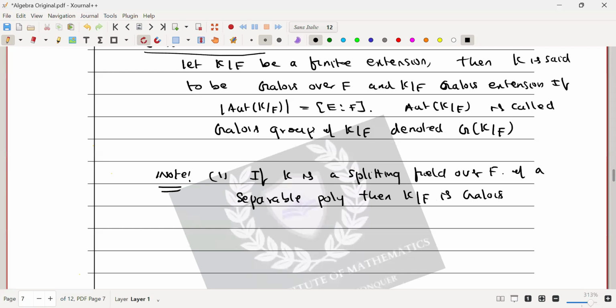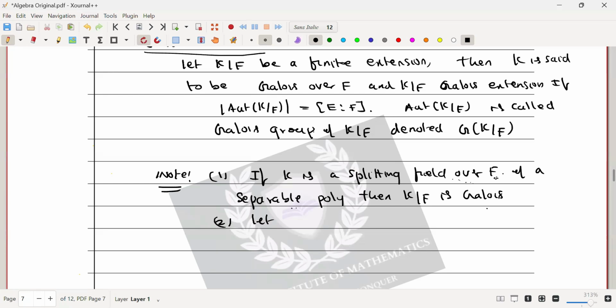K over F is separable, which means every splitting field over F is a normal extension, sir. Every splitting field over F is a normal extension and it is also separable. That means every Galois field is separable and also a normal extension. It is an if and only if condition.